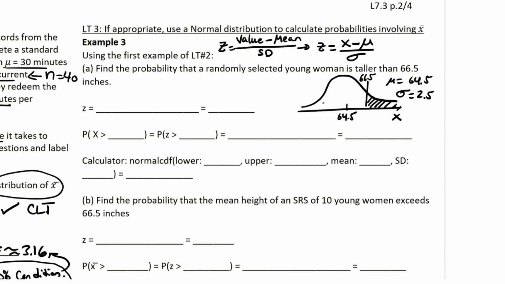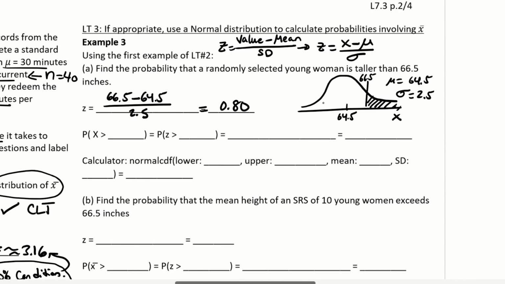So we're going to be using that formula here. If we use that, we get 66.5 minus 64.5 over 2.5. 66.5 is the value, 64.5 is the mean, and the standard deviation we said was 2.5. When we calculate, that's going to be approximately 0.80.